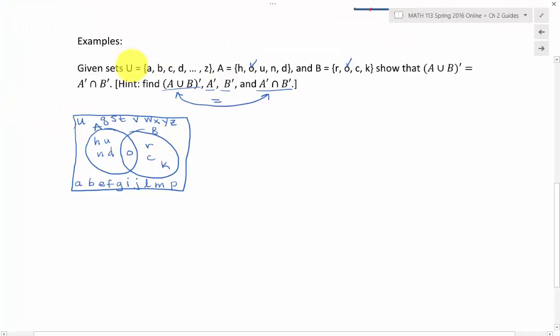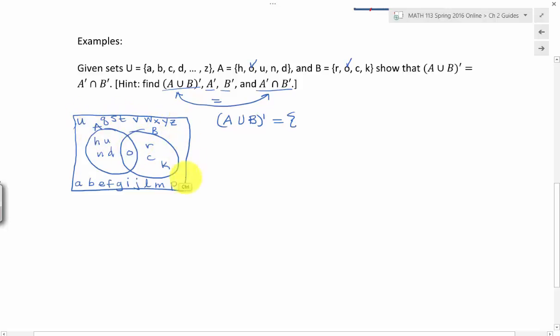The first hint that was given was to find A union B complement, and that's going to be A union B is all of the letters for hound rock that are in the A and the B balls.